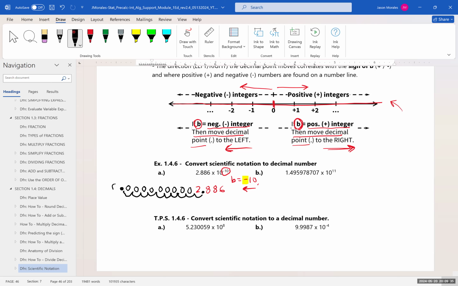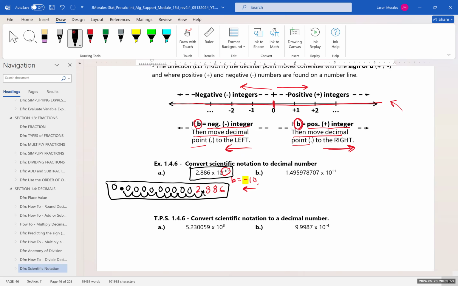And I like to put one more 0 out in front. So this is how to convert between scientific notation and a decimal number. We started with scientific notation, and we just converted that into a decimal number. Because we moved it, this point is no longer there.